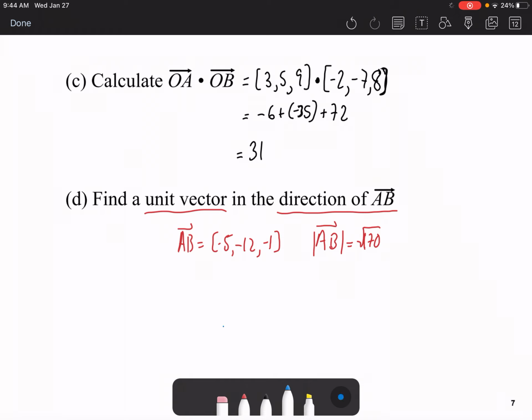So that means our unit vector in the direction of AB is just 1 over the square root of 170 times this vector, negative 5, negative 12, and negative 1. If you wanted 2 unit vectors in the direction parallel to AB, all you have to do is just change this to a plus or minus sign in front.